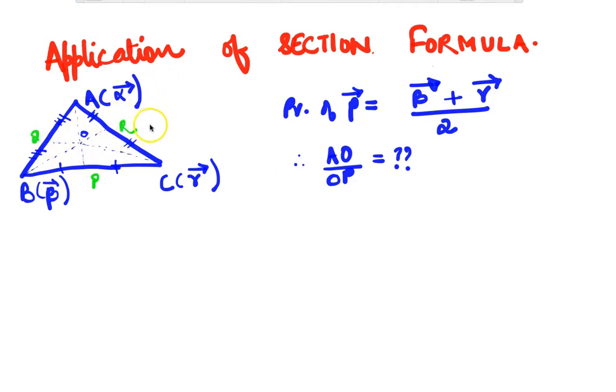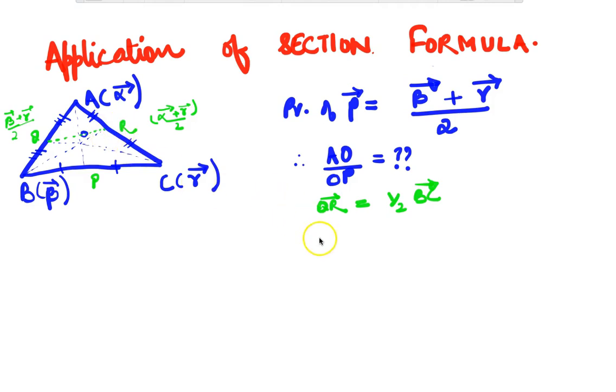The position vector of R is alpha vector plus gamma vector by 2. The position vector of Q is beta vector plus alpha vector by 2. Let's consider QR. What we will prove is that QR is half of BC, that is, the magnitude of QR is half the magnitude of BC and QR is parallel to BC.